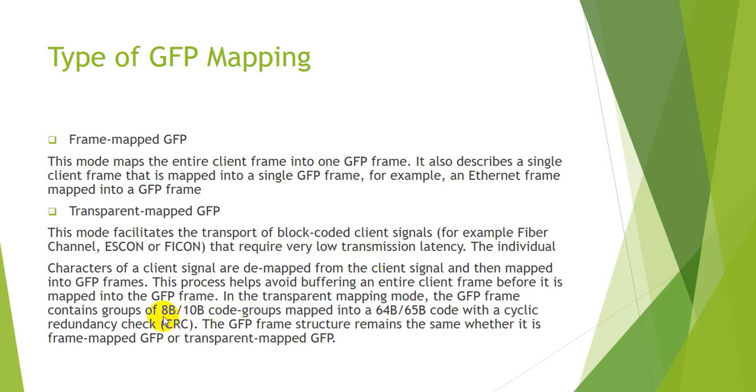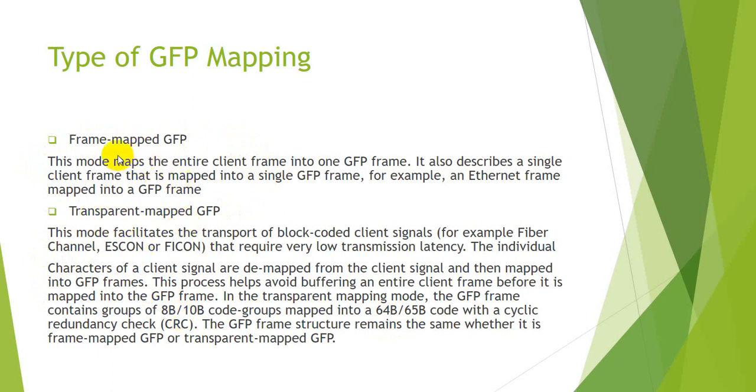So 8B/10B codes are grouped, then mapped into 64B/65B. In the frame mapped case, before sending the GFP frame, we need to wait for the entire client frame. In the transparent case, if some block has come, it is simply mapped. So the mapping happens faster in transparent mapping.